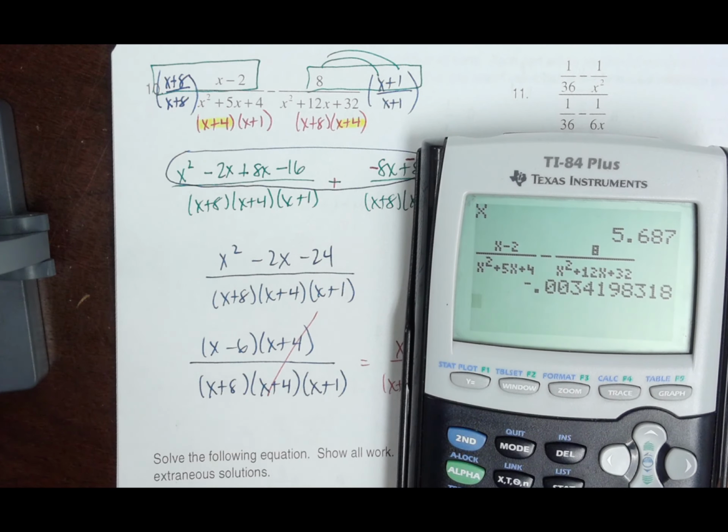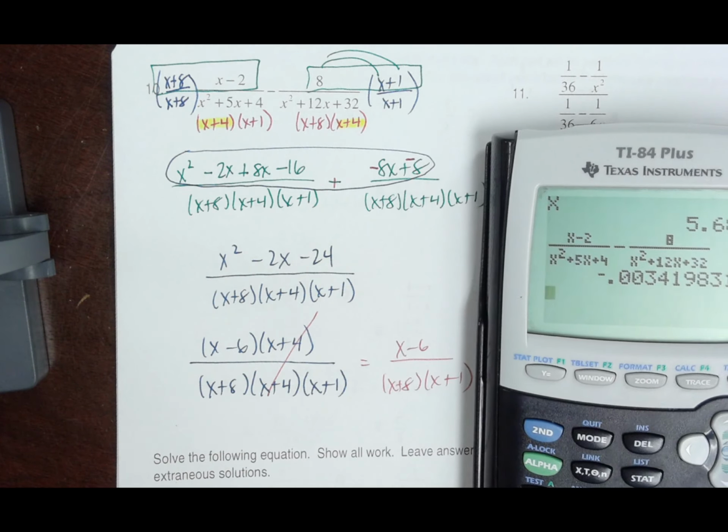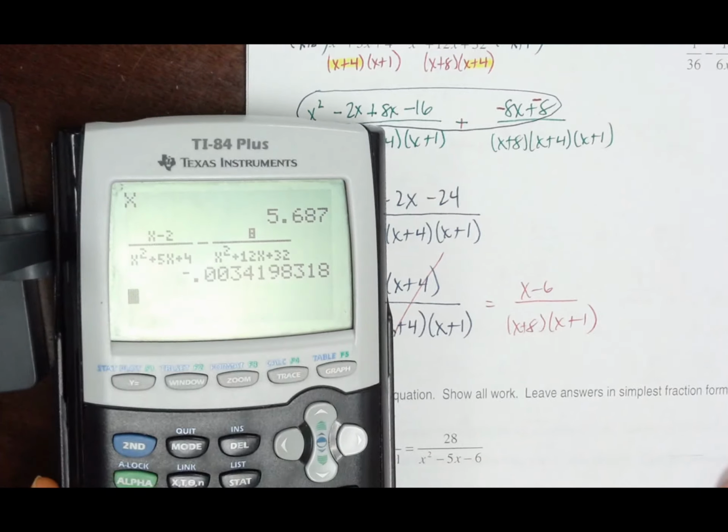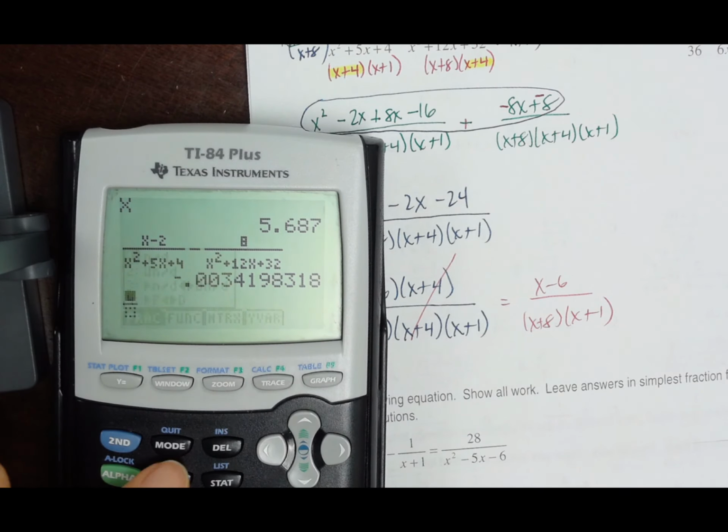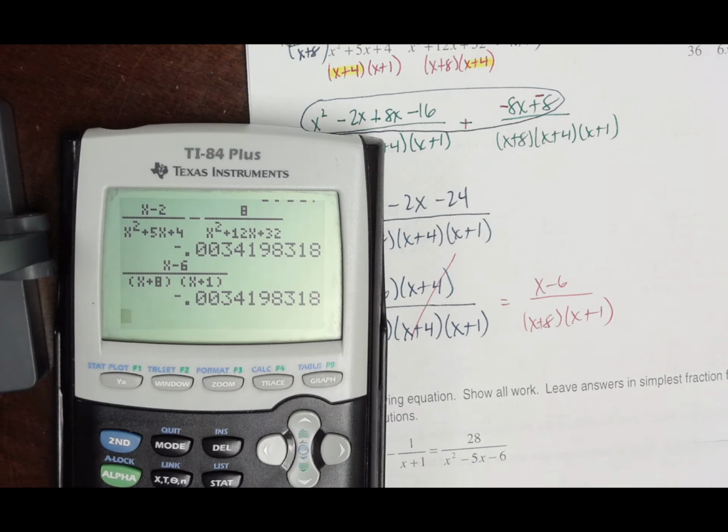All right, we get that value. So when I go down to the final answer here, and type that in, so x minus 6 over x plus 8 and x plus 1, they should match, which confirms that my answer is correct.